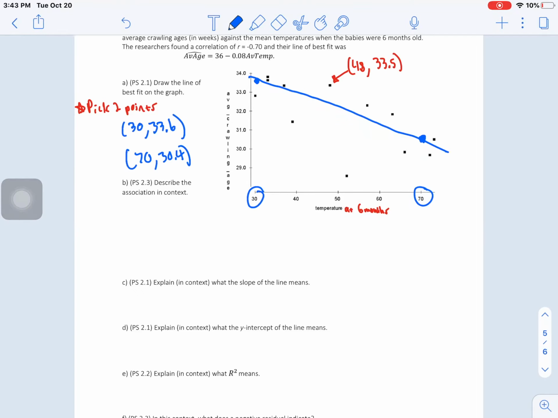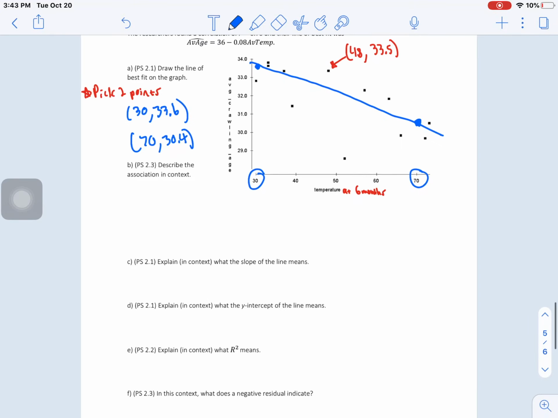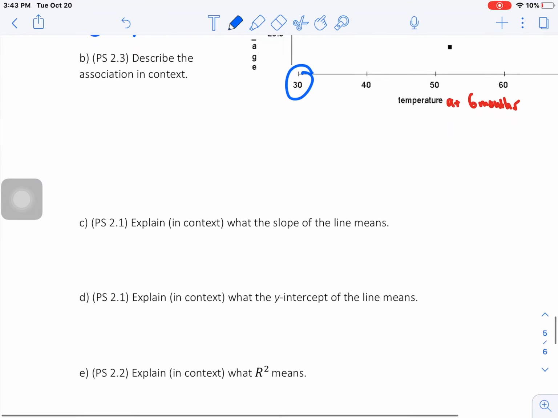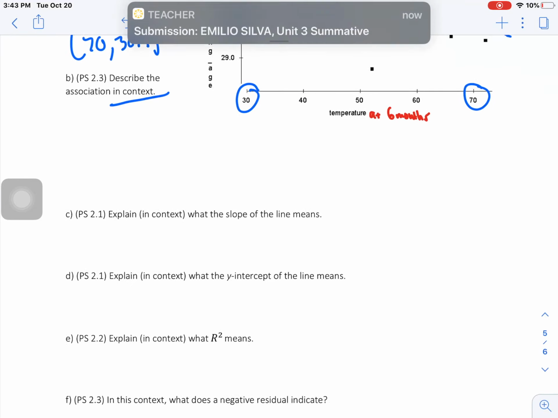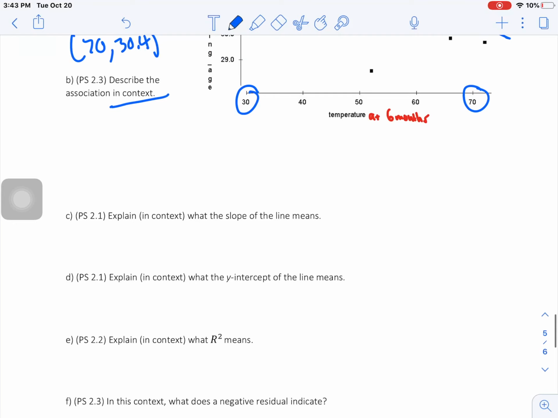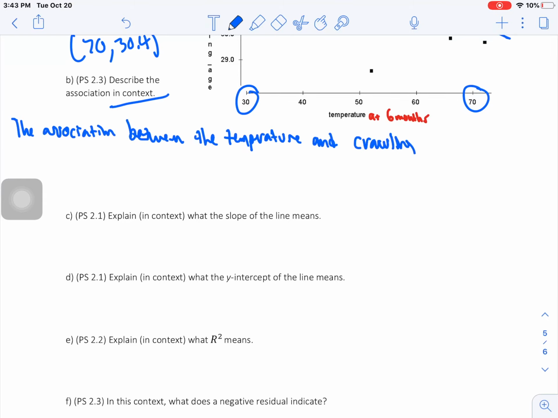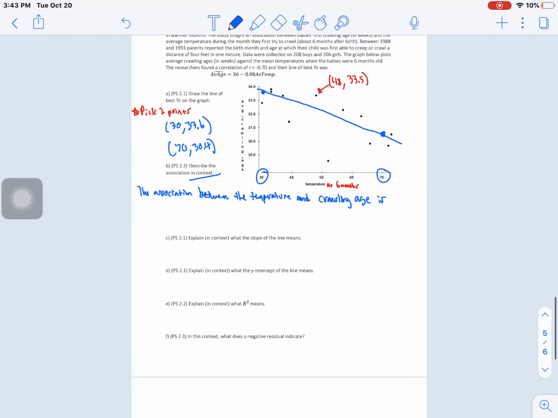All right, part B says describe the association in context. Okay, well, describing this linear association, we can say in context the association between the temperature and crawling age is, so we have context down. Now, what shape do we have?